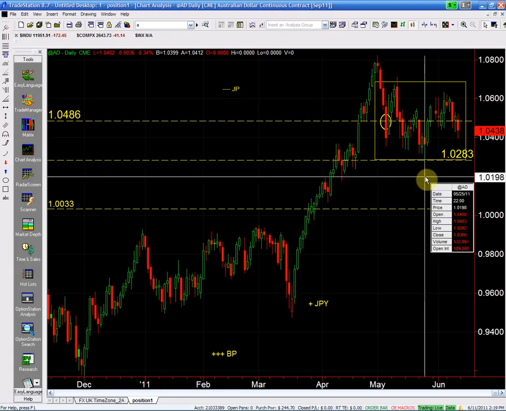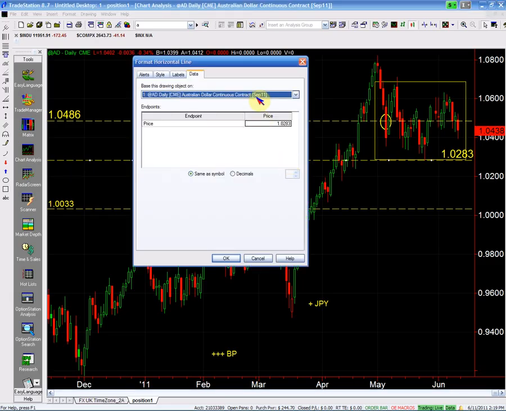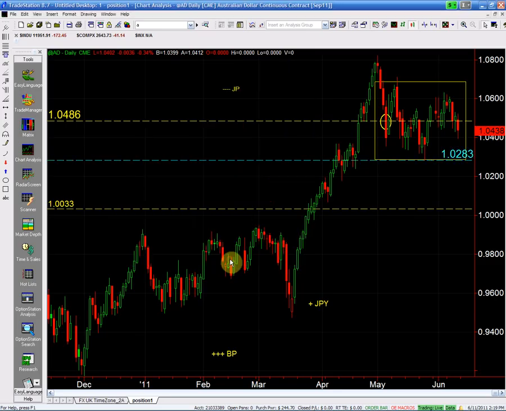So until we trade below the 102.83, we are still kind of negative to neutral with regards to the Australian dollar. This close based on the index does not indicate a sell signal as of yet. On the contrary, we might be getting some buying in the Aussie dollar.